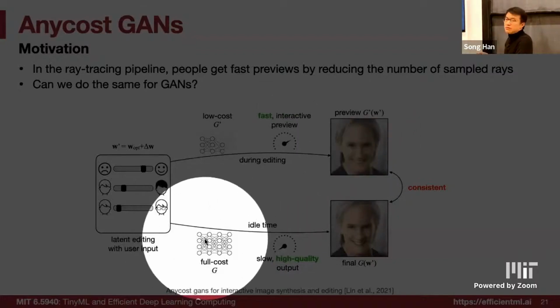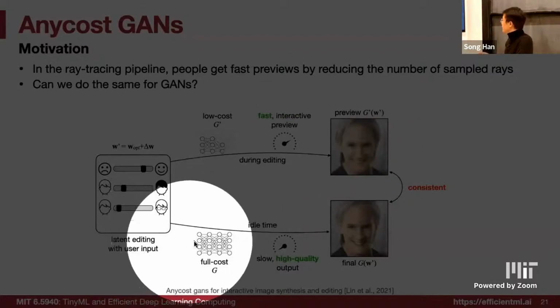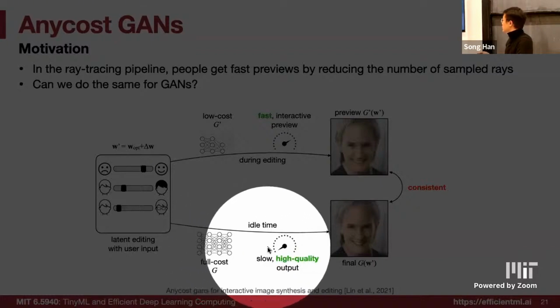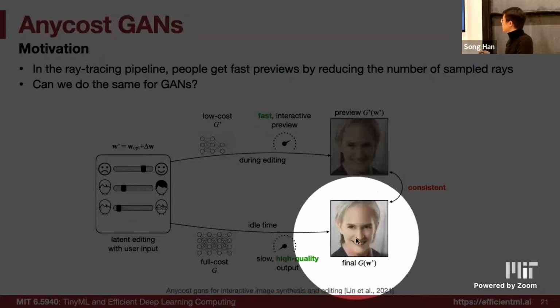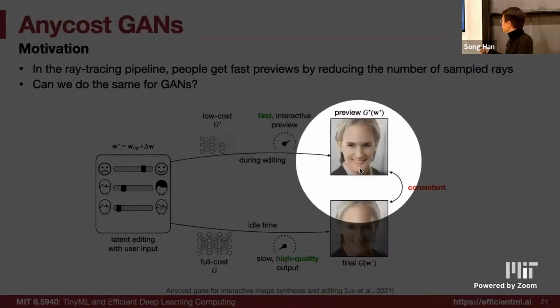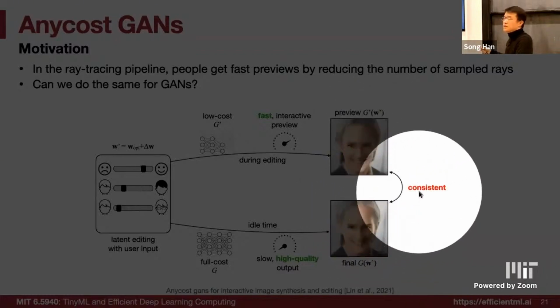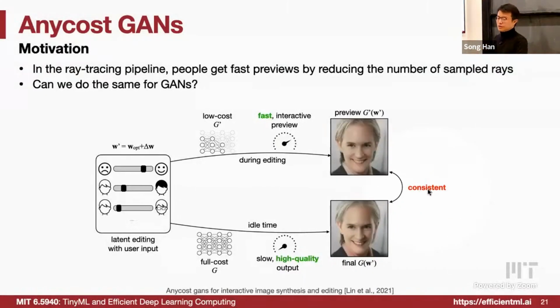And after we are satisfied with our editing, we can run the full model. The full model is slow, but with higher quality output. Okay, so this is the finalized image. And hopefully, the finalized image versus the preview are very similar. They are consistent with each other. Okay, so that's our goal.